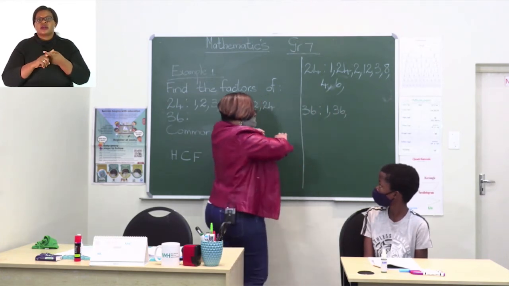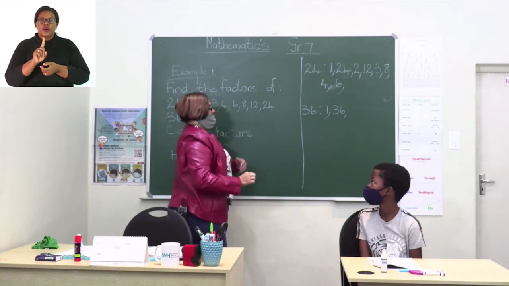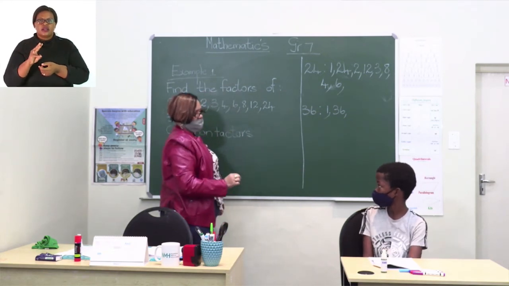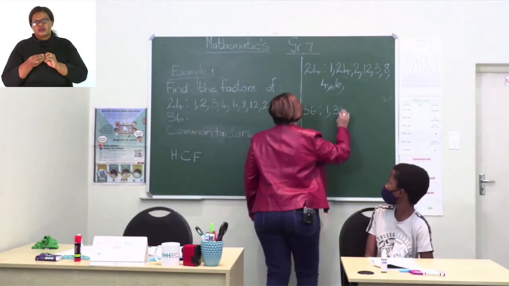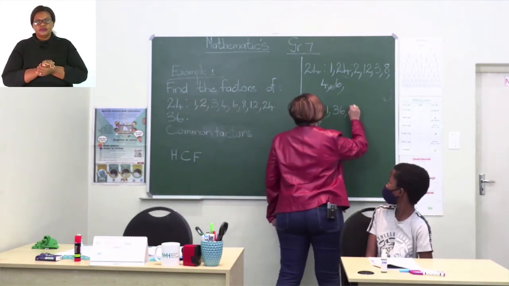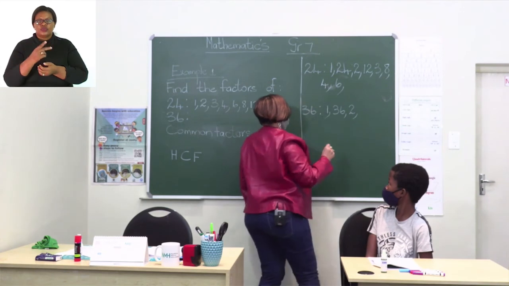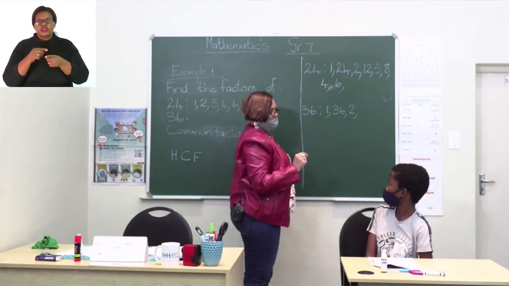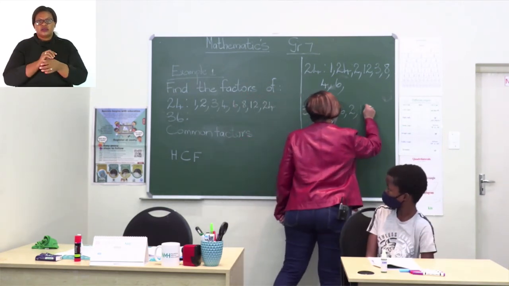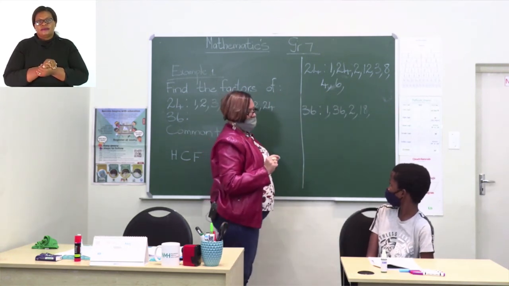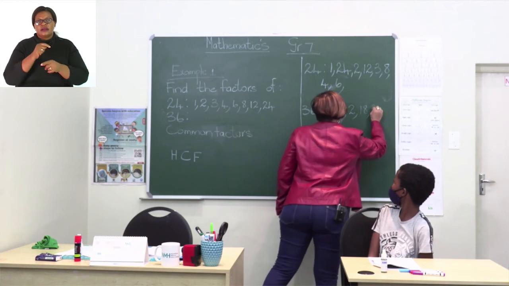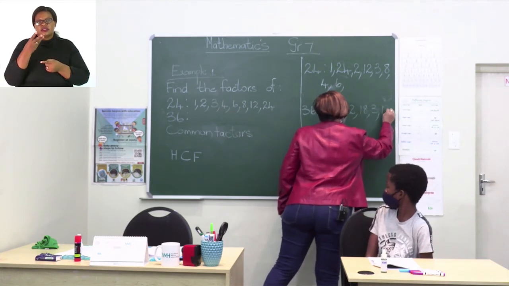So 1 as well as 36 are factors of 36. Any other numbers? And 2? 2 divide into 36, how many times? 18 times. Yes, yes. Clever boy. And 3? 3 divide into 36, 12 times.